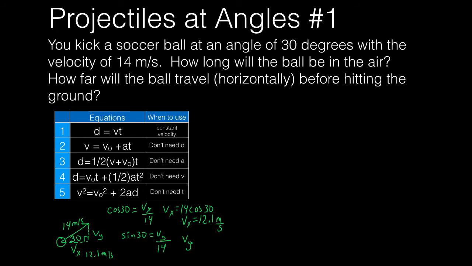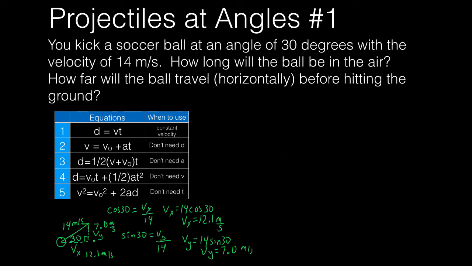So v sub y is equal to 14 sine of 30. On my calculator, 14 sine of 30 is equal to exactly 7.0. So v sub y is equal to 7.0 meters per second, and I'll put that over here.